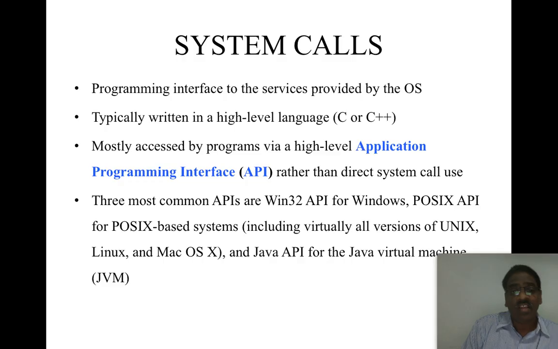That's why the API interface has to change every time depending upon the new operating systems. Whenever you implement a new operating system, the API system calls change automatically. Whenever some programs are implemented in the operating system, the API services also increase.